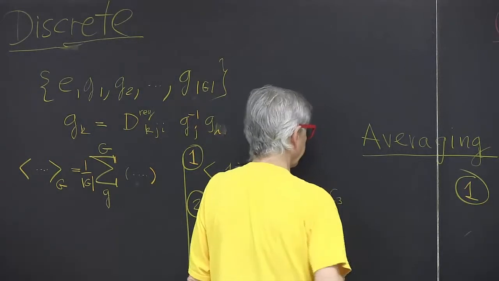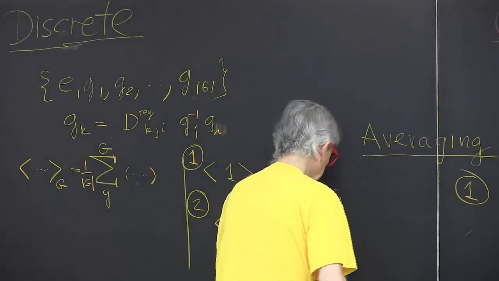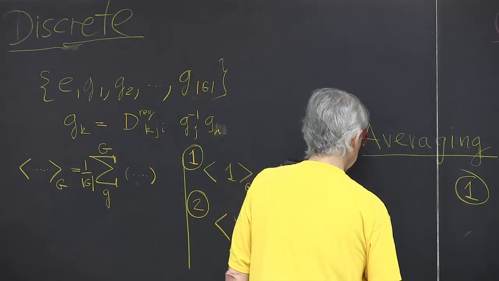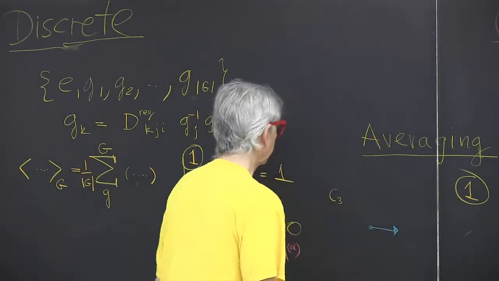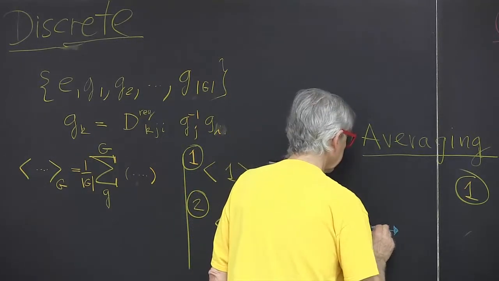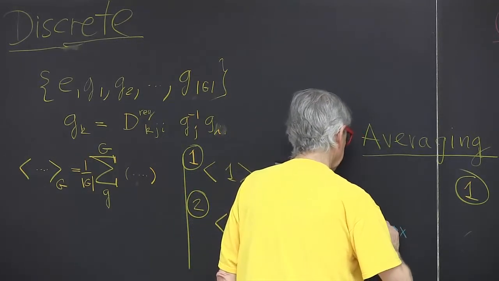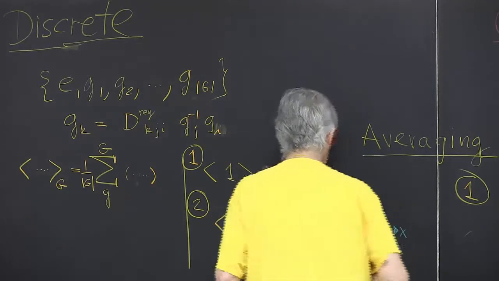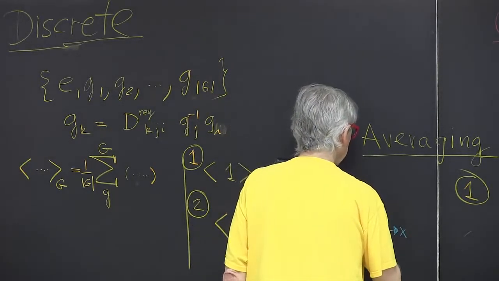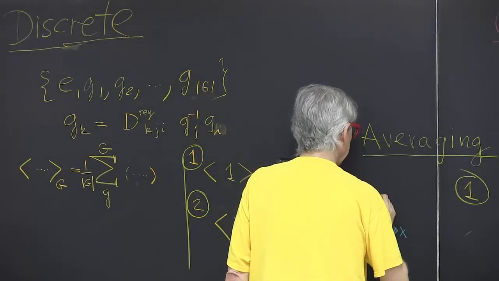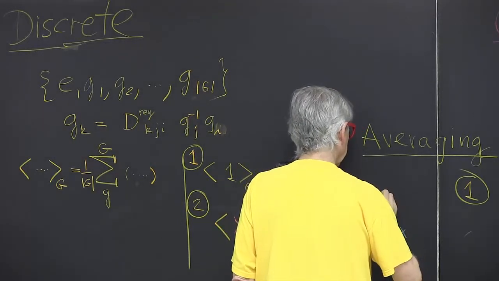Say the discrete group is 3 elements. Then I can take a vector in a plane, just to make it very simple. I can act on it with a rotation of group element that rotates by 1/3.